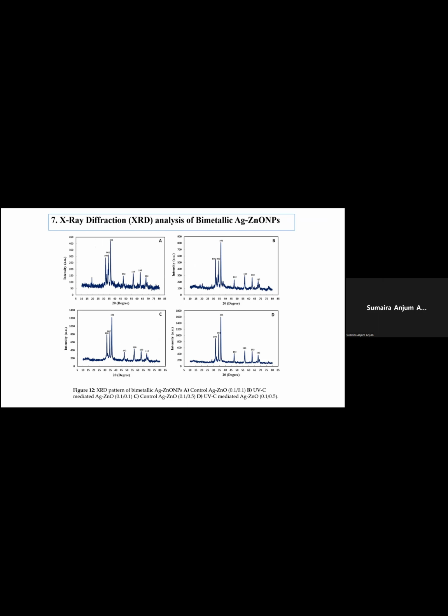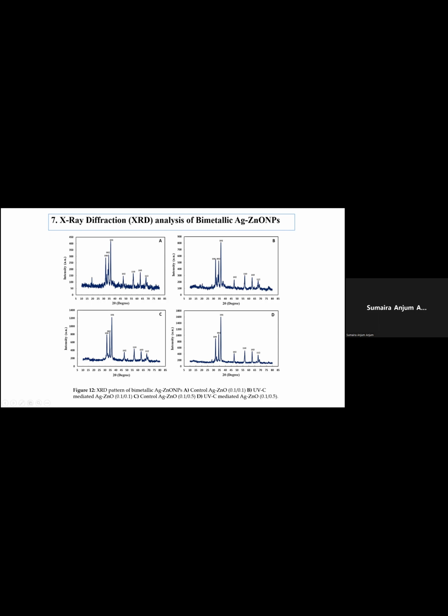Zinc oxide in the case of bimetallic nanoparticles was more dominating compared to the silver in XRD diffraction analysis. The main difference between the irradiated and non-irradiated bimetallic nanoparticles shown by XRD data was the intensity, or you can say the yield. The intensity in the case of UVC irradiated nanoparticles was higher compared to the controls.